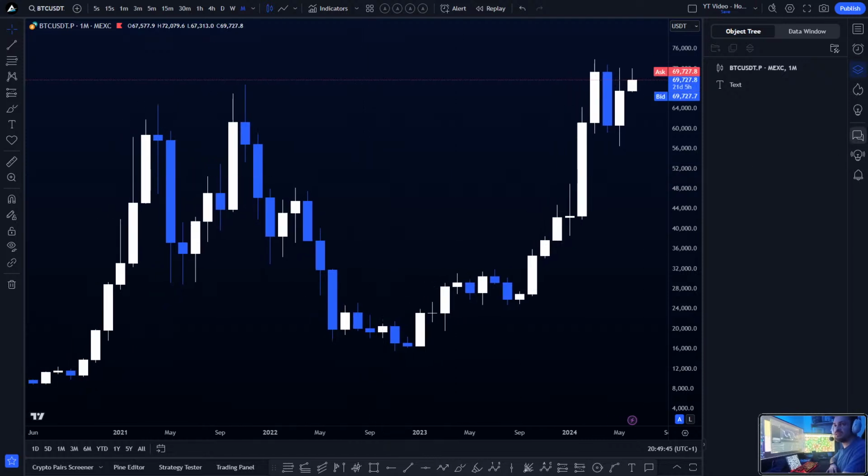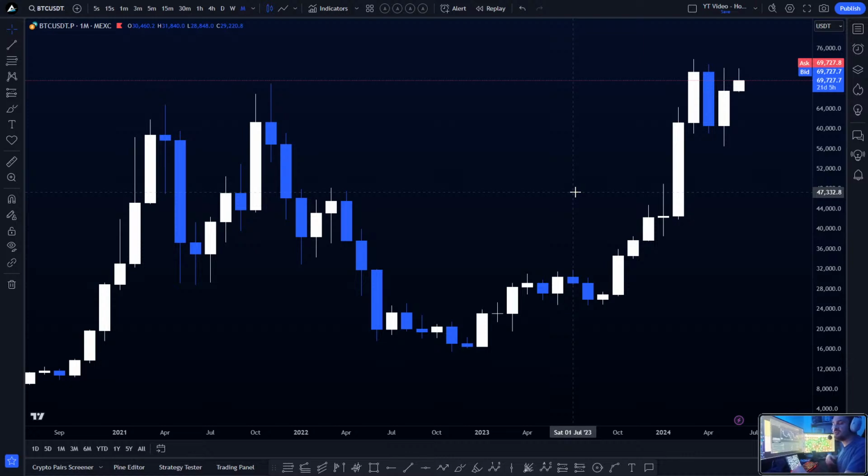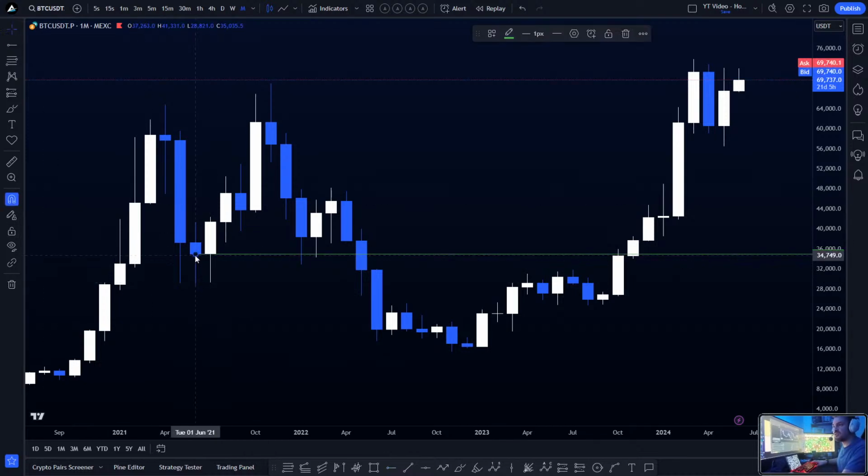How do I define levels? First of all, the monthly, weekly, and daily levels. Basically, I look for synchronized open and close candles, like this one here, and I very simply just place a horizontal ray on it.